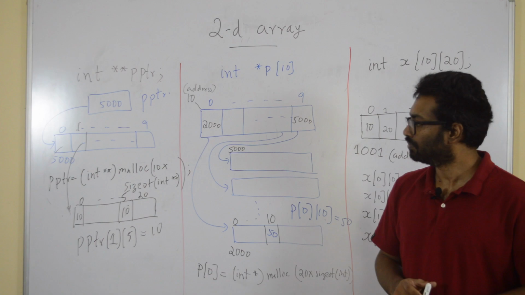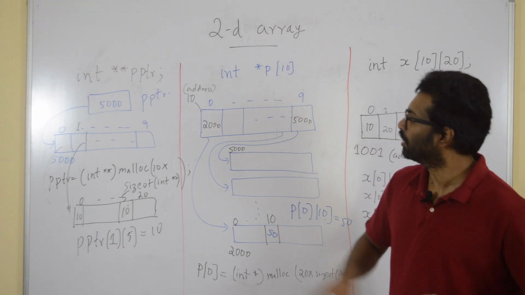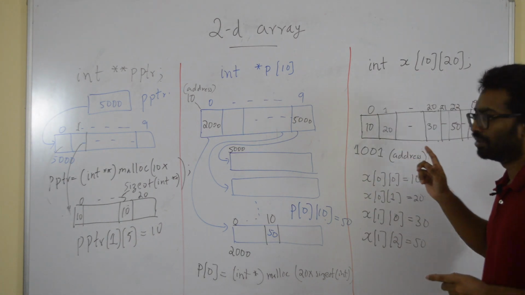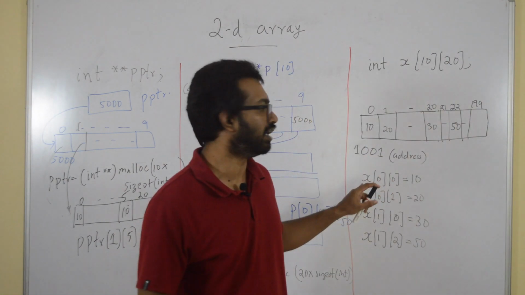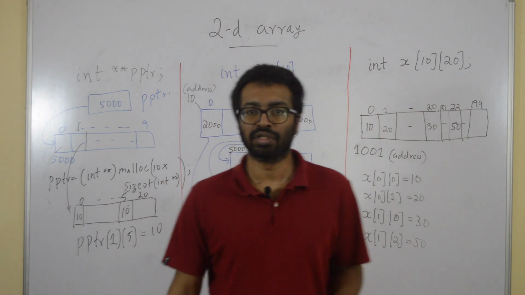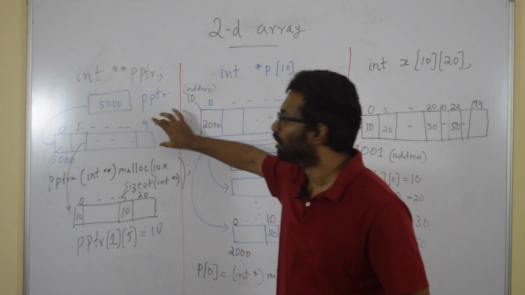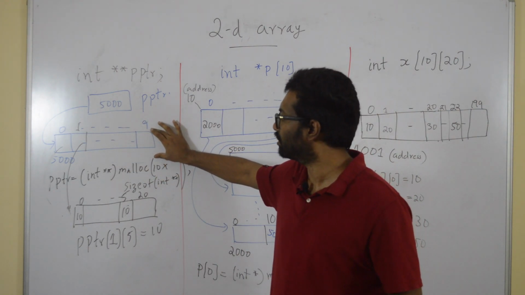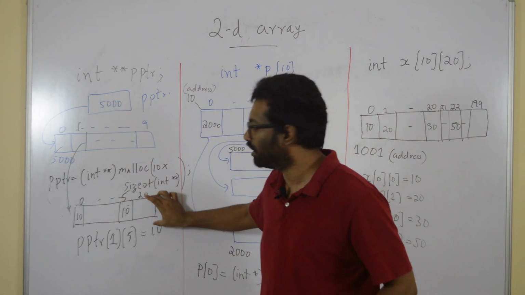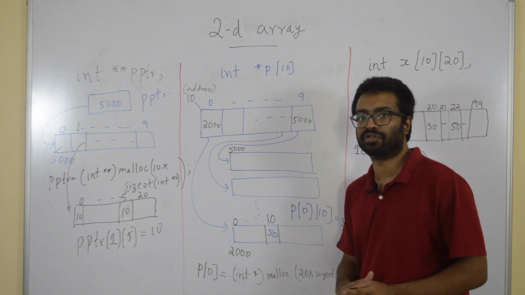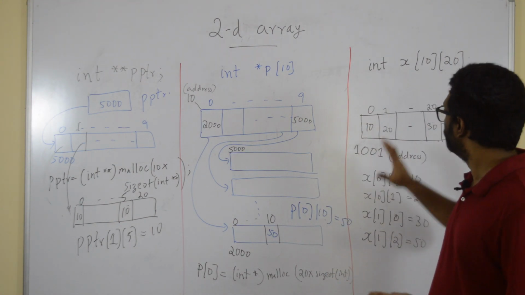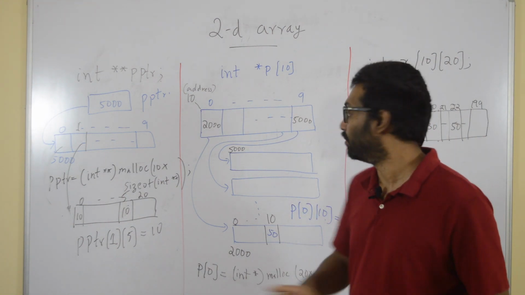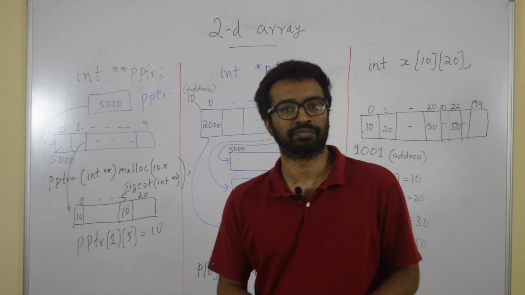Okay. Note that all these memory locations are not contiguous like we had in the array. Here, this block of 10 pointers is contiguously allocated. Each of these blocks of 20 integers is also contiguously allocated, but the entire 200 integers is not contiguously allocated. Okay, that's the difference from the array notation.